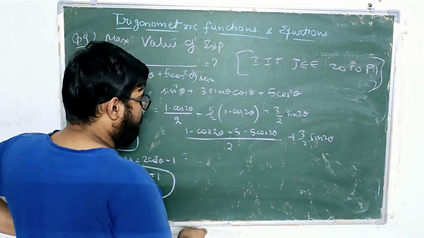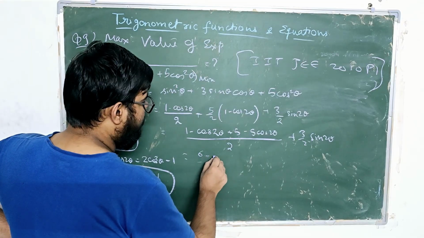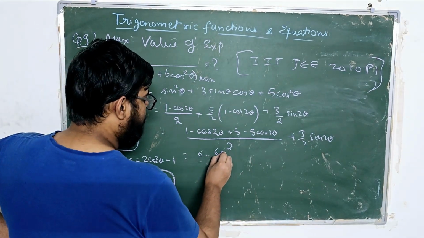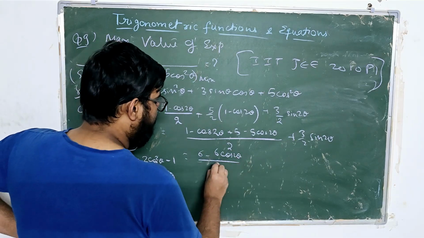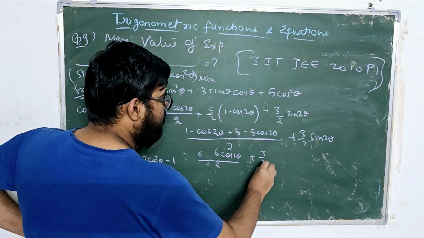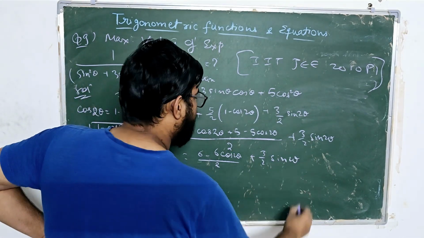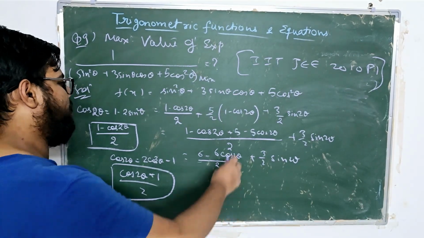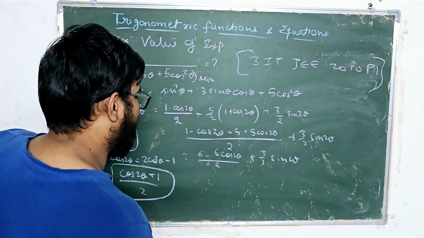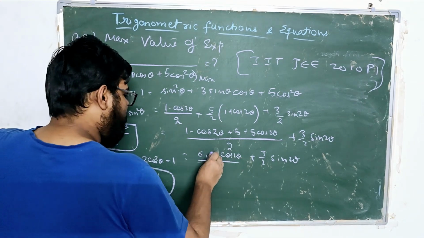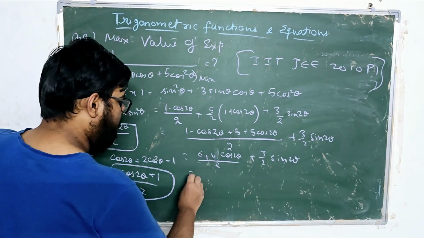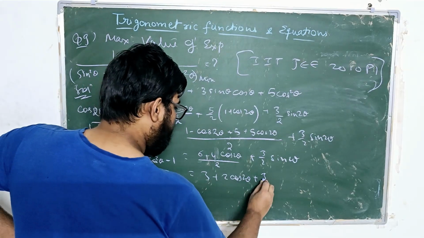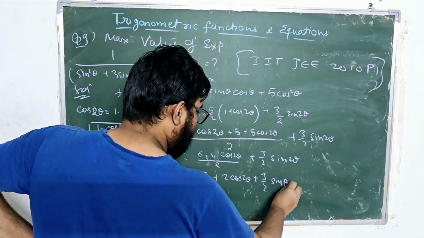So when you solve it, you get 6 minus 6 cos of 2 theta divided by 2 plus 3 by 2 sine of 2 theta. Okay, I feel I made a mistake. Yeah, it should have been positive. That is what I was thinking. So plus 4, right? So you get 3 plus 2 cos 2 theta plus 3 by 2 sine 2 theta.